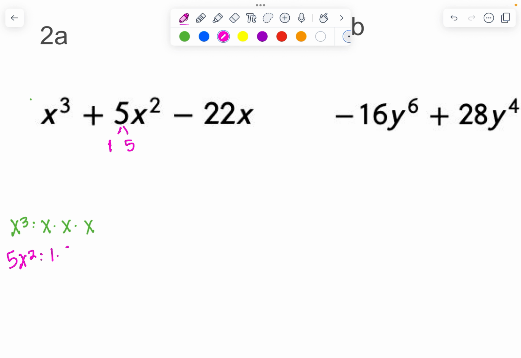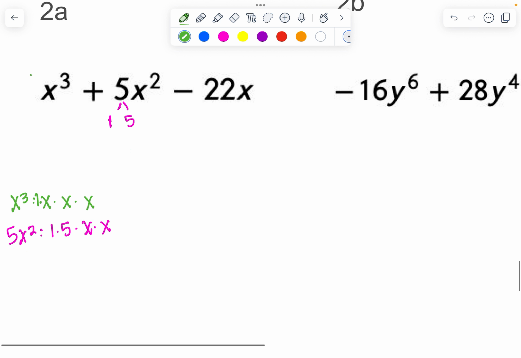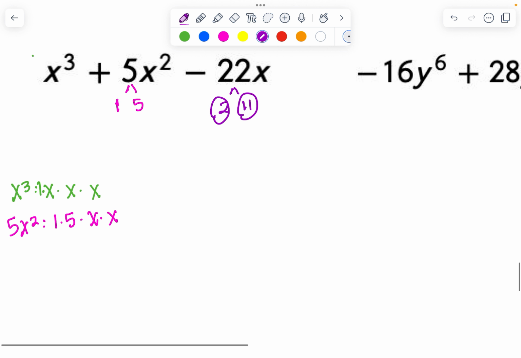So 5x squared is just 1 times 5 times x times x. Up here we could say this is 1 times x times x times x. And then 22x. 22 is 2 and 11. Those are both prime. We can't do anything else with those. So 22x is 2 times 11 times x.